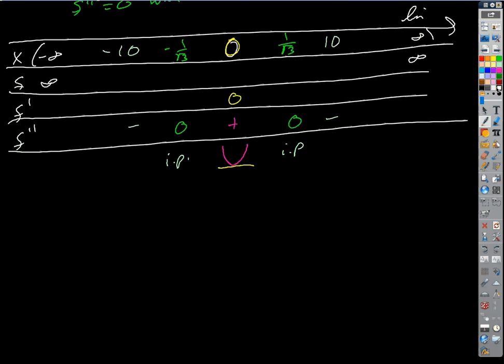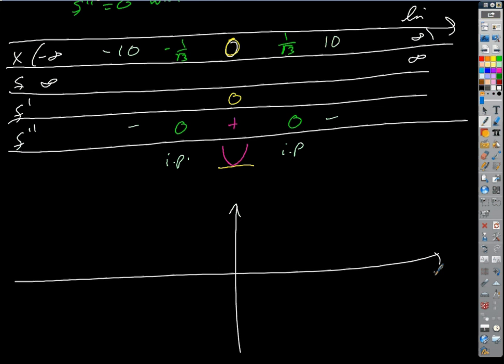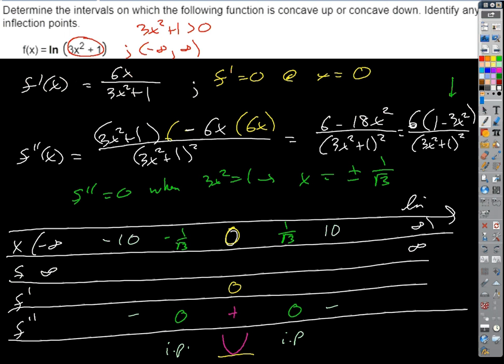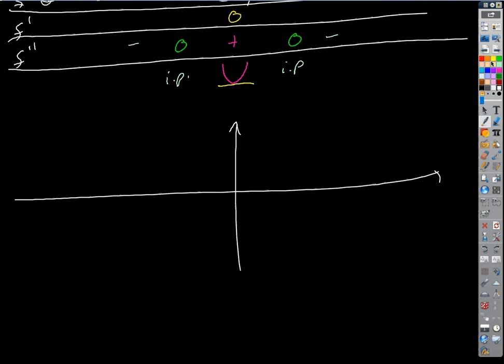So if we wanted to sketch this thing, what's it going to look like? At 0, if I plug 0 in for x, I get the log of 1, which is 0. So I get the point (0, 0), which is a minimum.